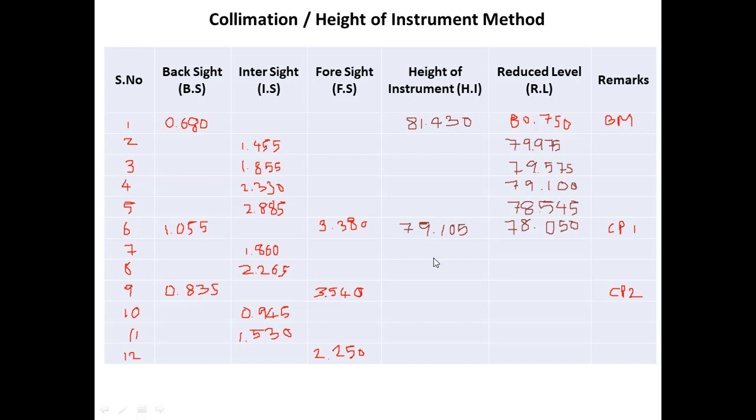So 79.105 minus 1.860 gives the answer of 77.245.